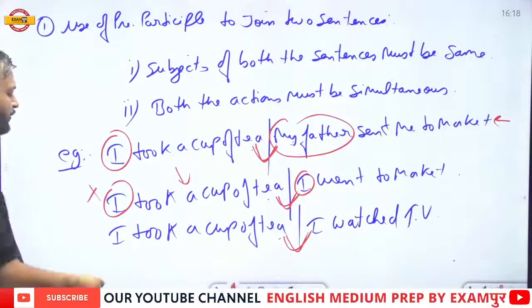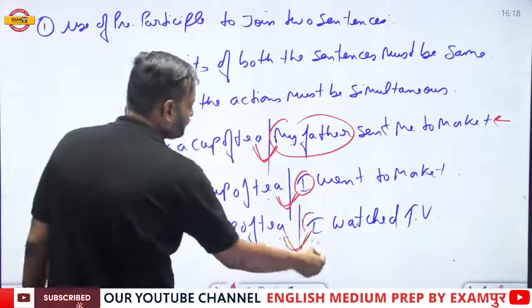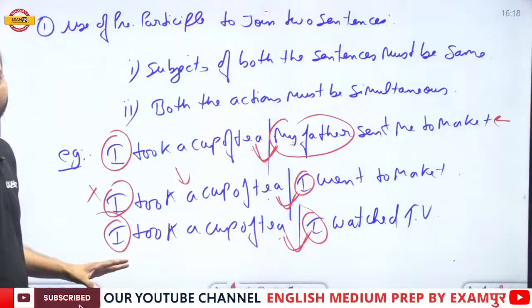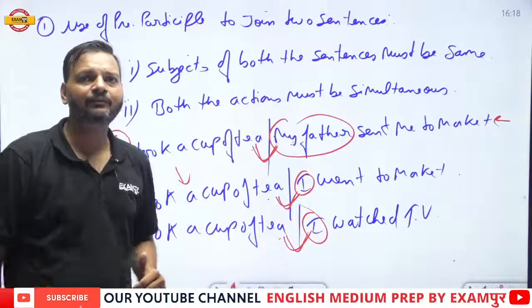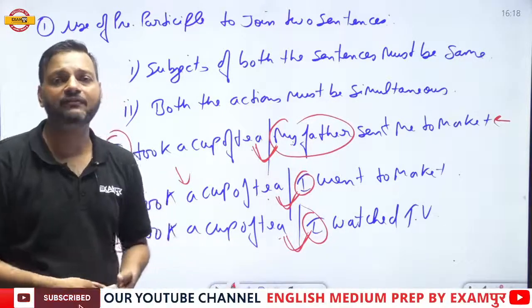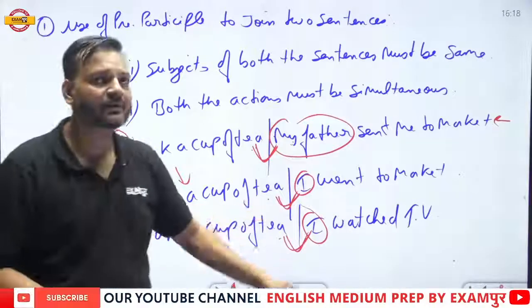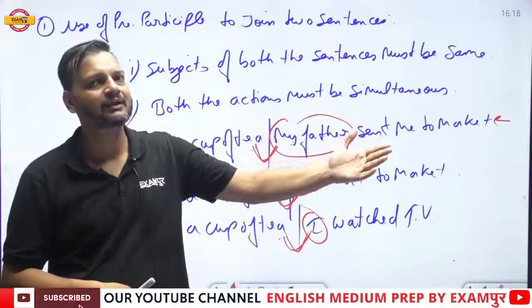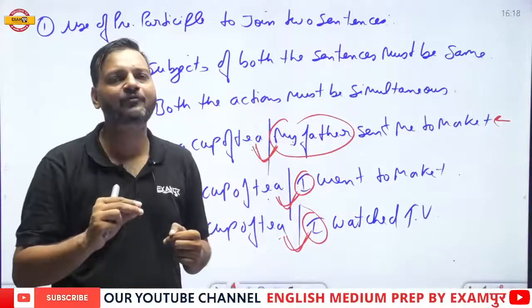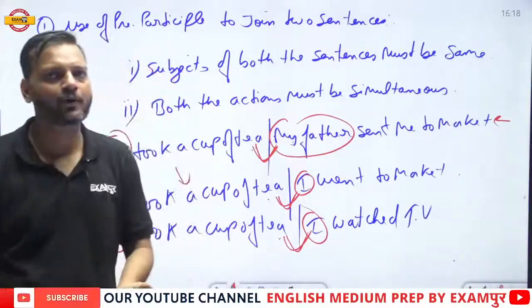But in the third pair, subjects are the same, first condition fulfilled, and first action is I took a cup of tea, and second action is I watched television. So these two actions can occur simultaneously. I can watch television as well as take a cup of tea simultaneously. There is no problem.